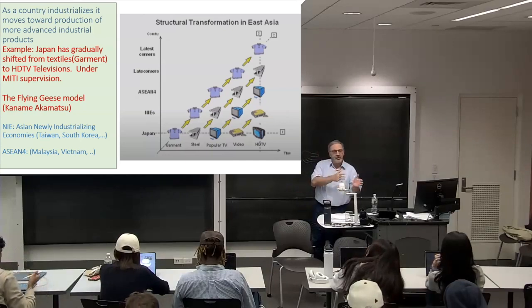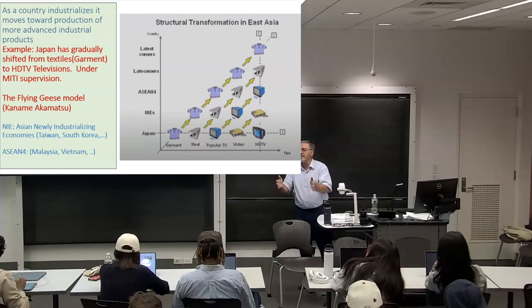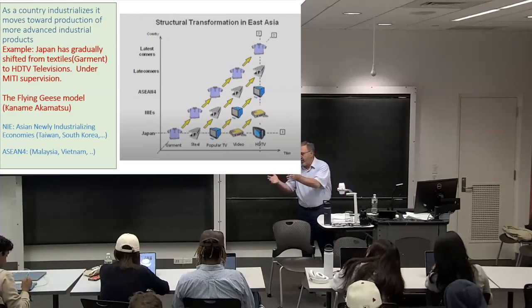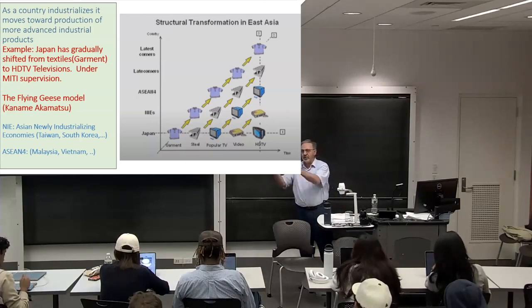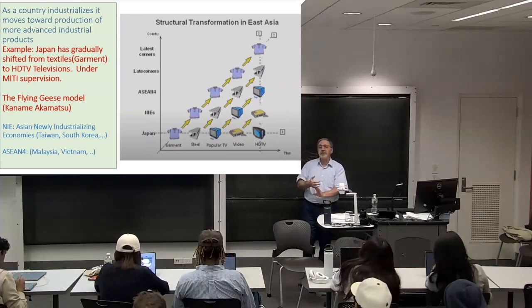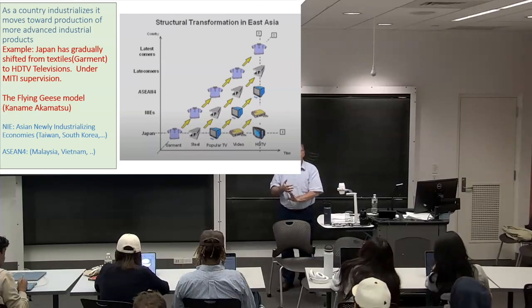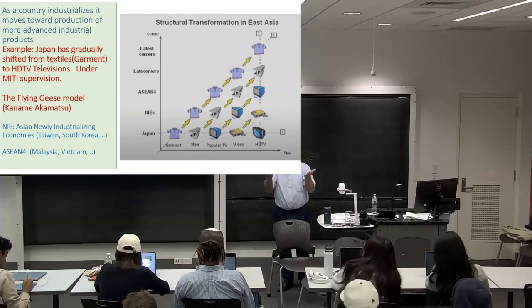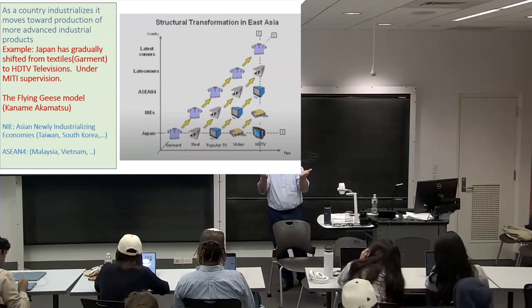That's where either the force of the market or government policy comes in, and the government says, we don't really want to have a textile industry. We were competitive back then, but now we want to be in an industry which is more productive, because we want to see the wages rise and the standard of living for our citizens rise.